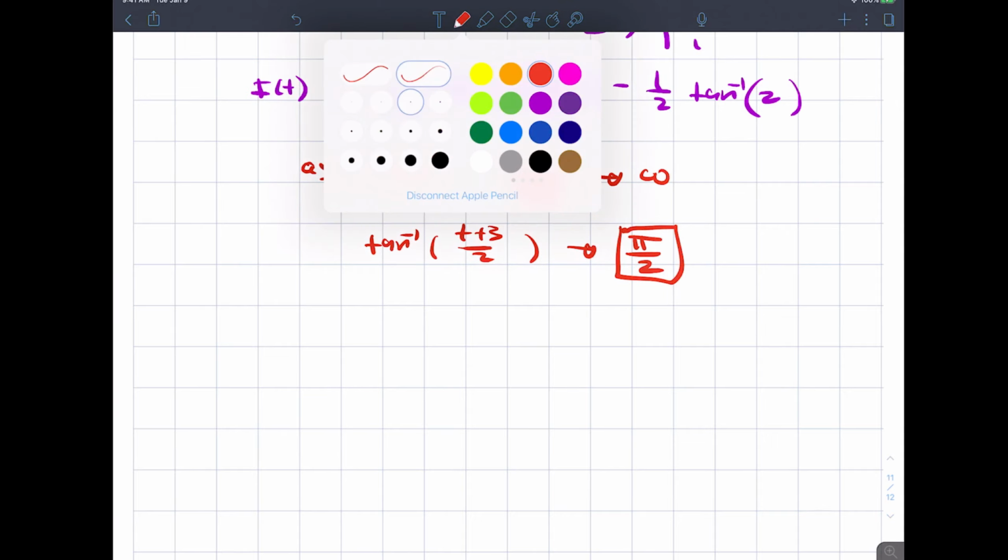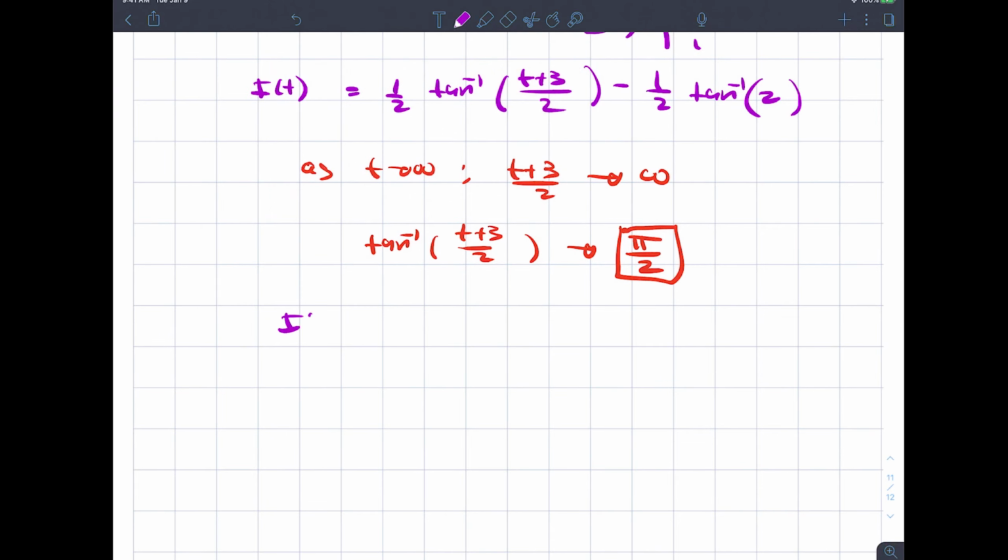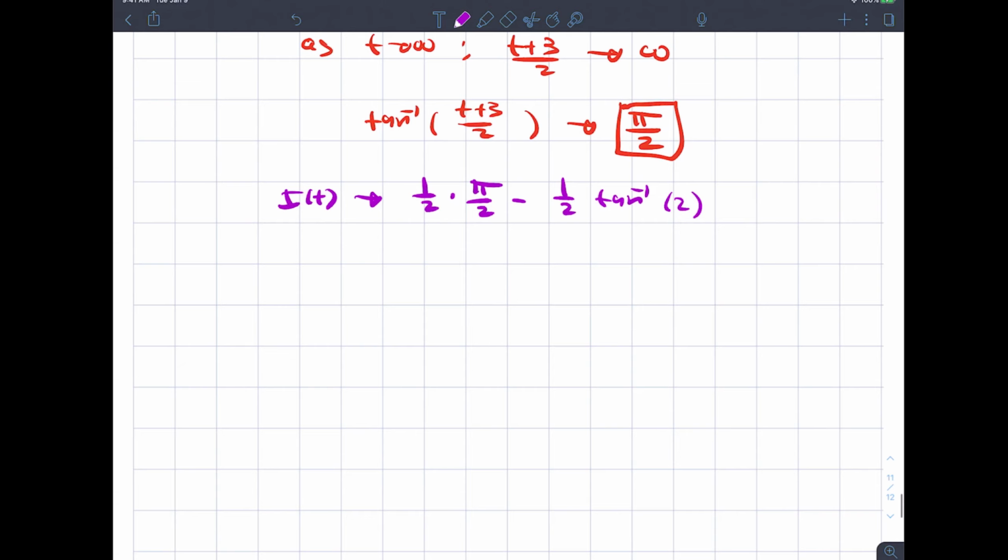So altogether, I of t goes to 1/2 times pi over 2 minus 1/2 times the inverse tangent of 2. Or really, here's where I of t goes to: pi over 4 minus 1/2 inverse tangent of 2. The point is this is finite.